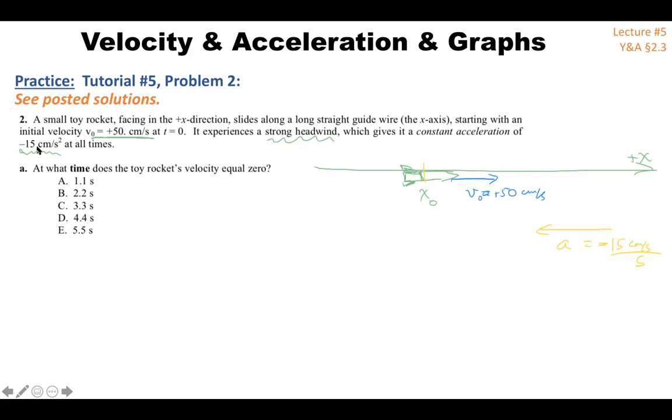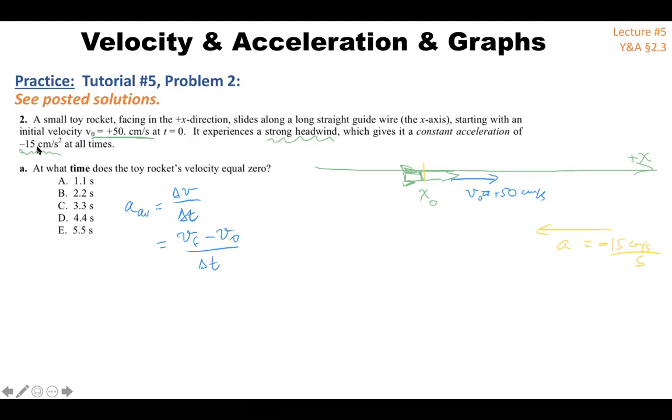Okay, so let's solve this now using the formula that we already know. So we know that average acceleration is equal to change in velocity over change in time. Spelling this out, the right-hand side of this is equal to v final minus v initial divided by the amount of time that passes.